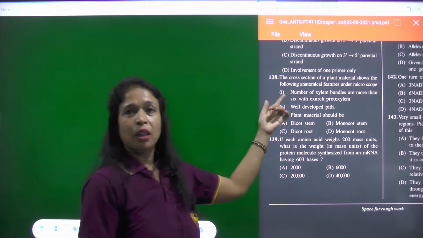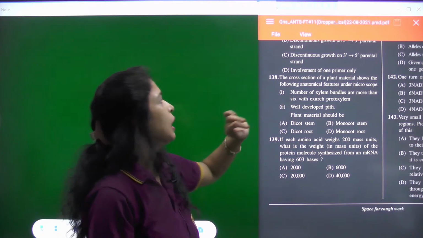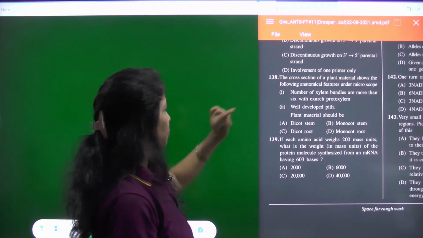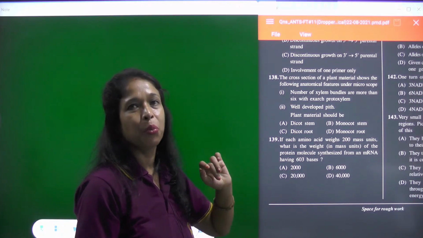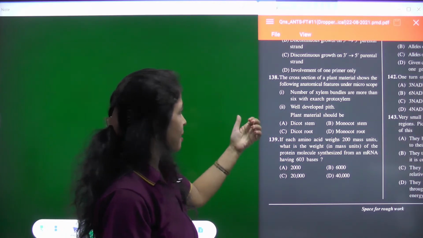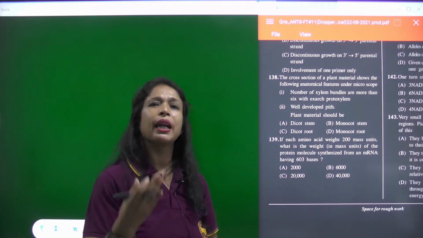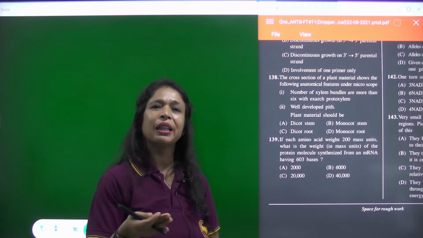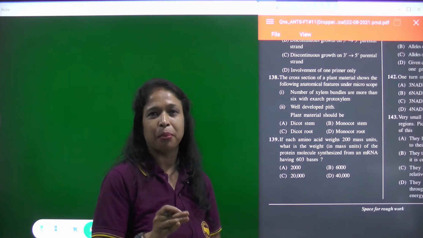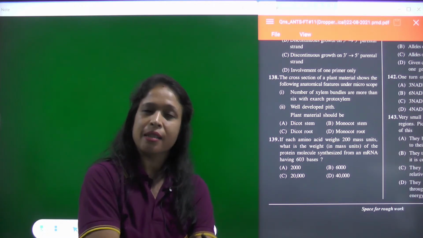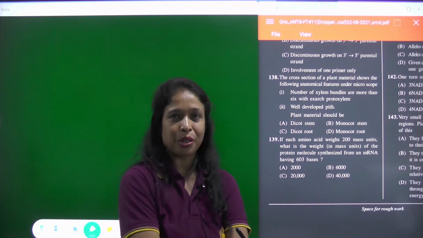The cross section of a plant material, it is a question on anatomy, shows the following features under the microscope. So what are the features? One, number of xylem bundles more than 6 with exarch protoxylem. Okay students, number of xylem or phloem bundles more than 6 with exarch protoxylem. As soon as exarch protoxylem is mentioned, definitely it is the section of a root.